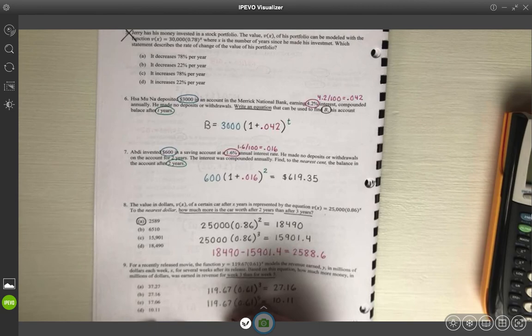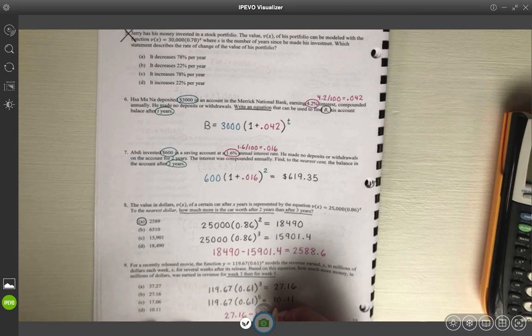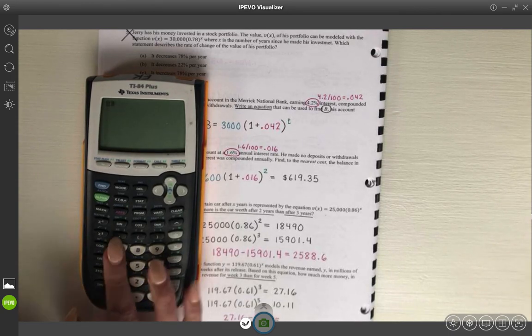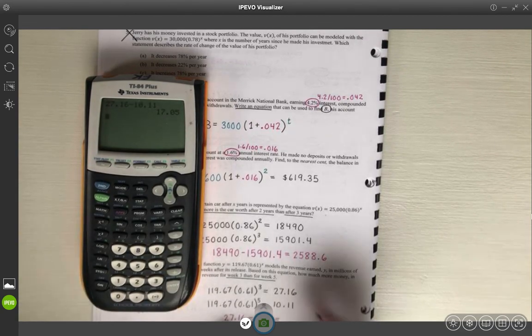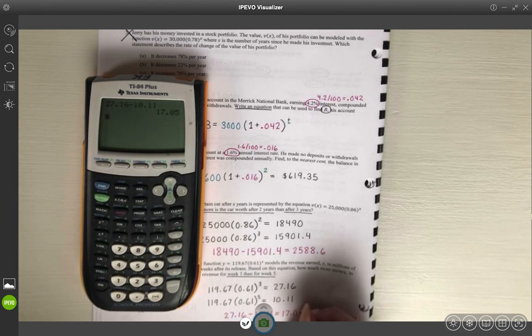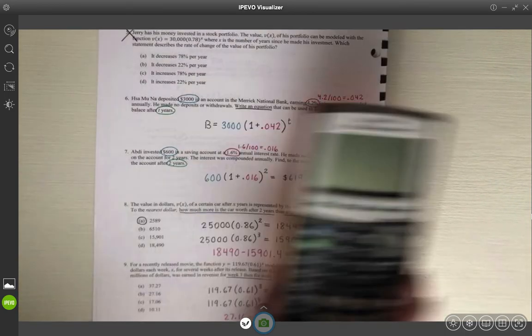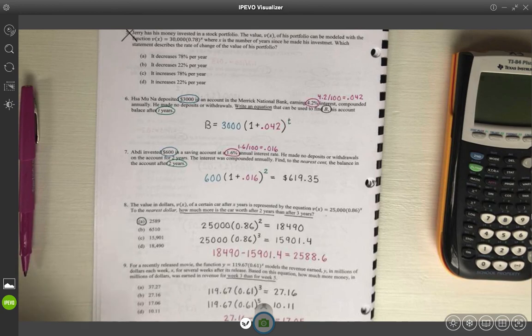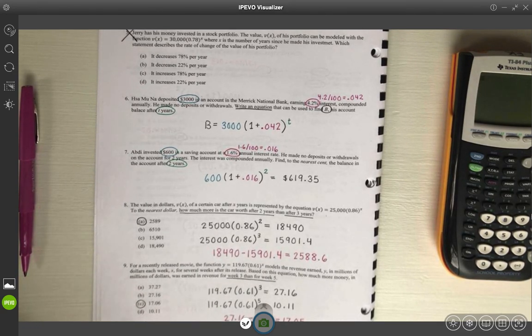Let's see what we get. 27.16 minus 10.11 is 17.05, meaning it earned 17.05 million more after the 3rd week than it did after the 5th week. And what answer is that closest to? A, B, C, or D? That is closest to choice C. So C is our answer.